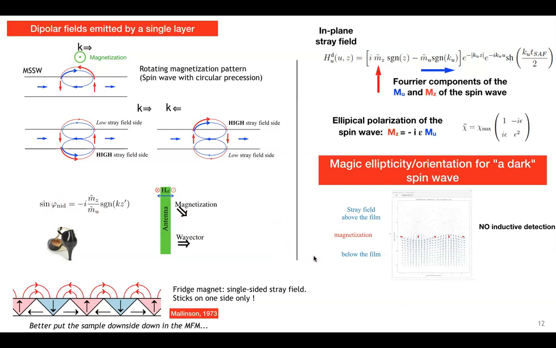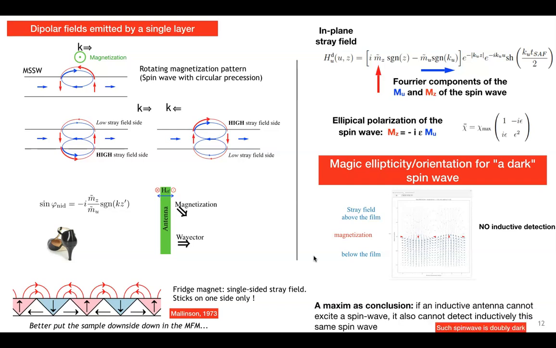So in this case, the antenna doesn't see the spin wave, doesn't see an inductive signal. So let's say this spin wave is dark to the antenna. And of course, you know reciprocity. And it's somehow logical, because it's the same angle that we identified before that was leading to no excitability of the spin wave by the antenna.